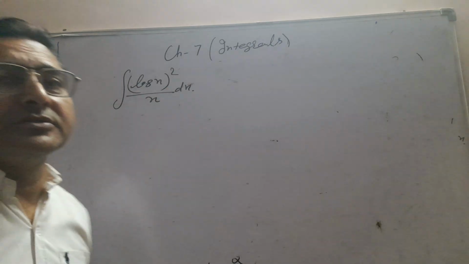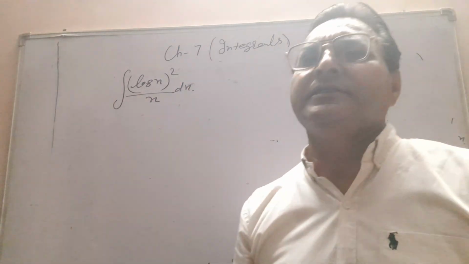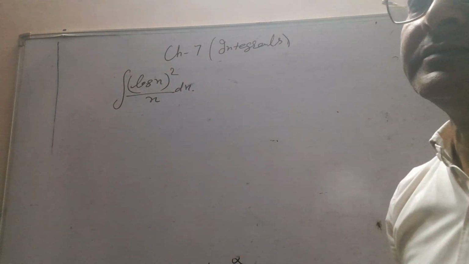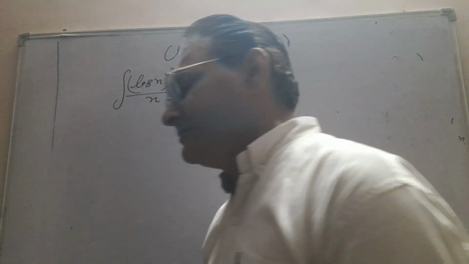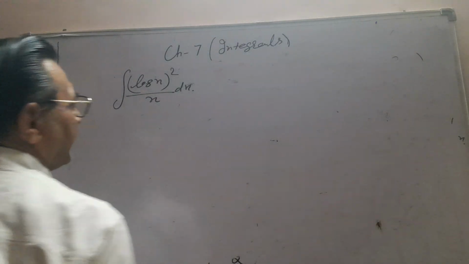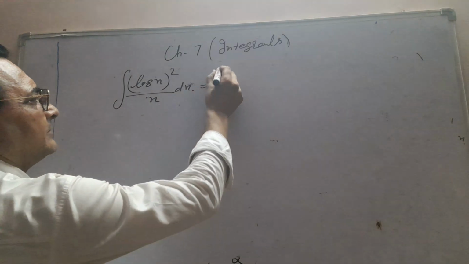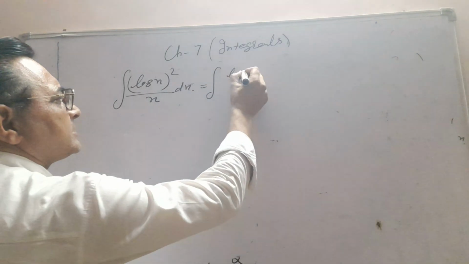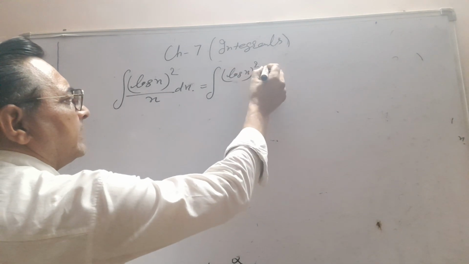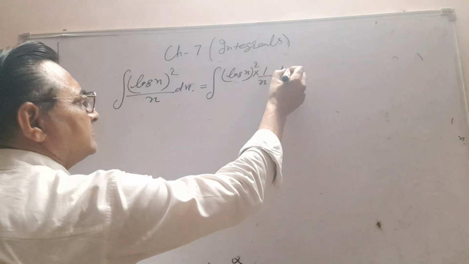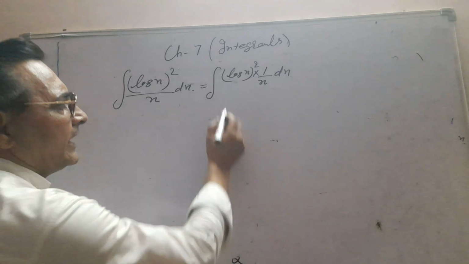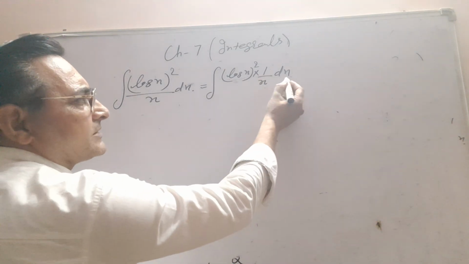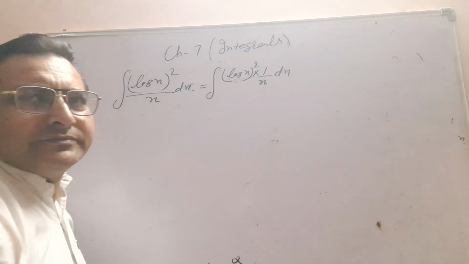Now check from this question what is the function and what is the derivative. Here I can write it as log x whole square into 1 by x. If I write it like this the meaning is the same, but here I know the derivative of log x is 1 by x. So this is the function.